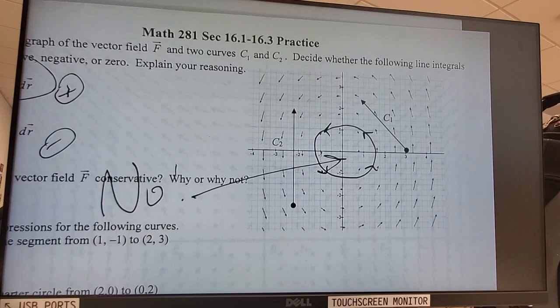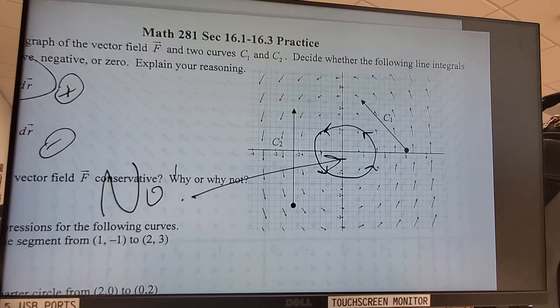So this one was obviously not conservative. One major thing is the field itself is kind of rotational, yes? So immediately a circle drawn, if I try to integrate across, it's definitely not going to be zero. Because the thing is going to be helping me if I go this way. And of course, if I orient my curve to go this way, then it's going to be pushing against me and I get the negative of that.